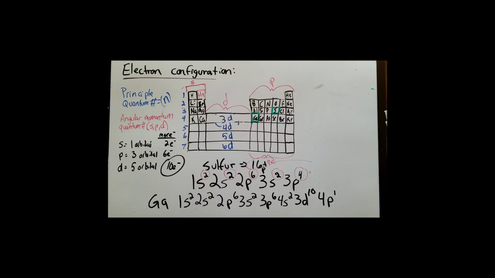Awesome. Now let's look at how to write these shorthand, because that's a lot of writing when really that last piece of information tells you all you need. So how could we make this a little bit shorter? How we do that is called the noble gas shorthand.